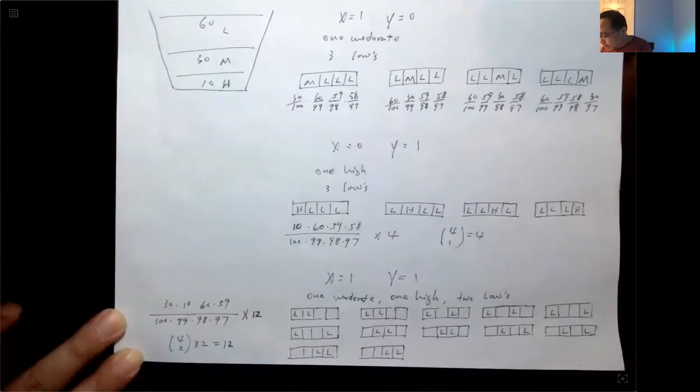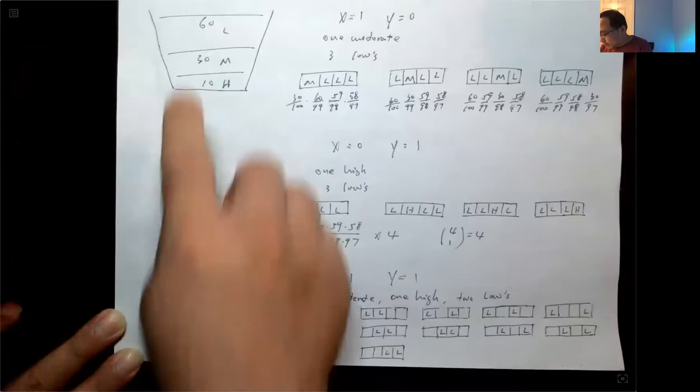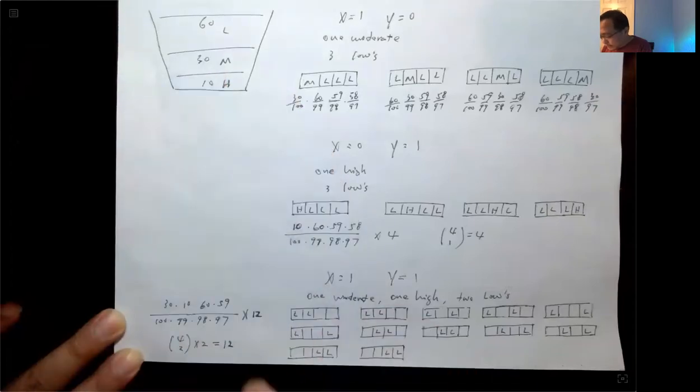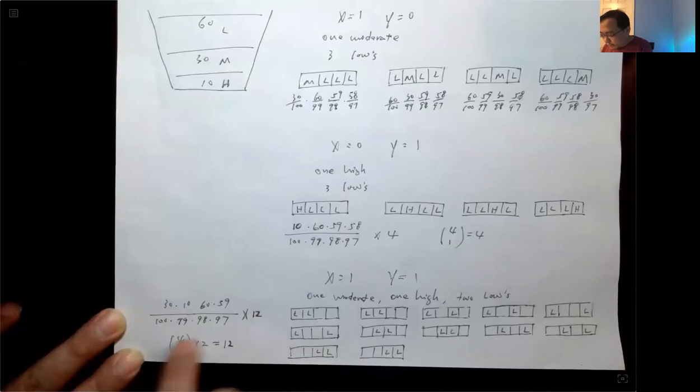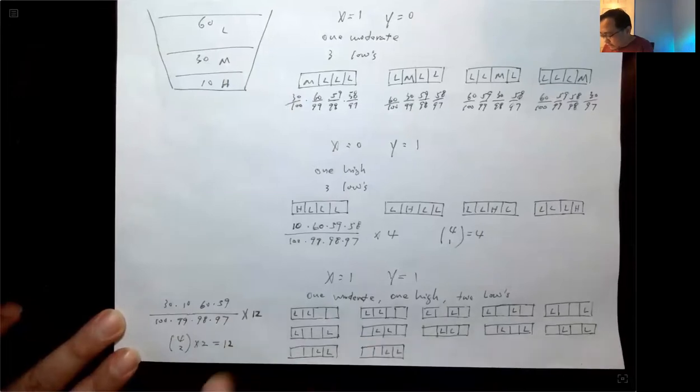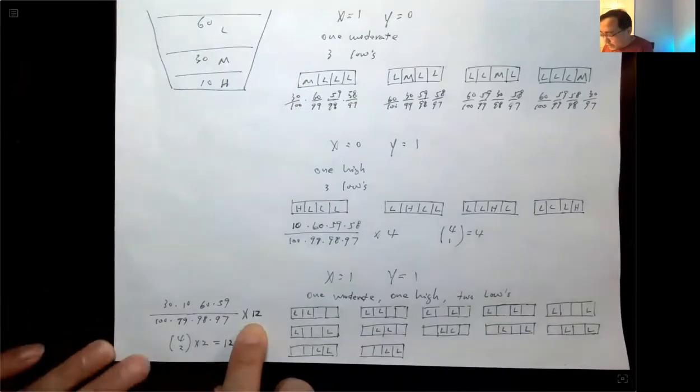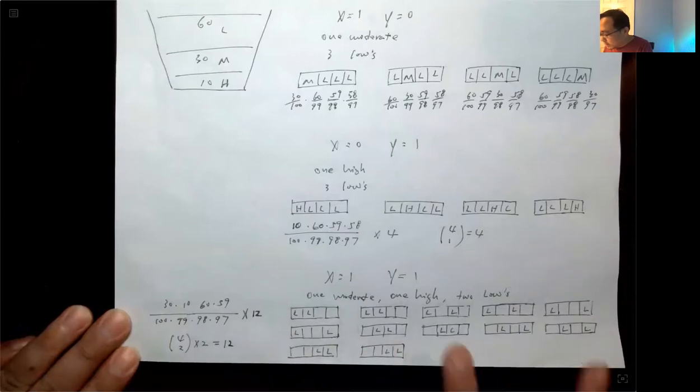If you choose one, that will be 60 out of the population, and the next one will be only 59 out of the population, so that's 60 times 59. And again, the denominator will be 100 times 99 times 98 times 97. But the tricky part is how do I find how many combinations there are? If you list them, eventually you will find there are 12 combinations.